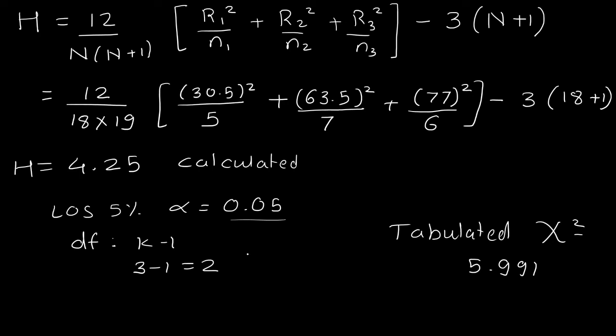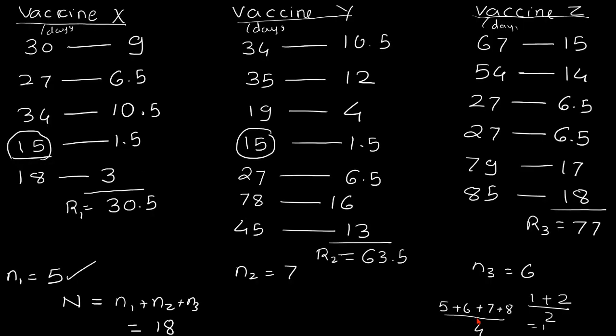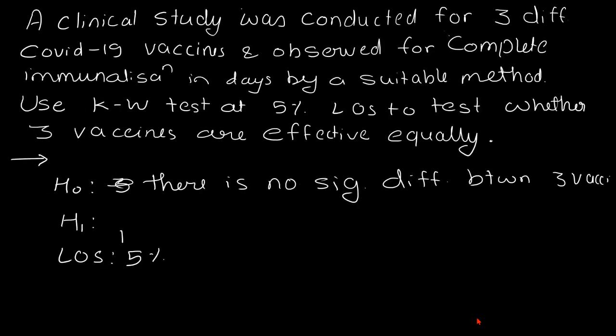Now if we see, my calculated value is less than this tabulated value, that is, 4.25 is less than 5.991. Okay, that means my H naught is accepted. So the conclusion finally will be that there is no significant difference between the three vaccines. Okay, so this is the end of this problem.